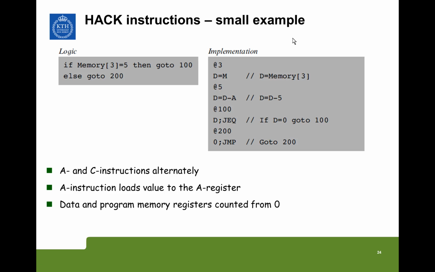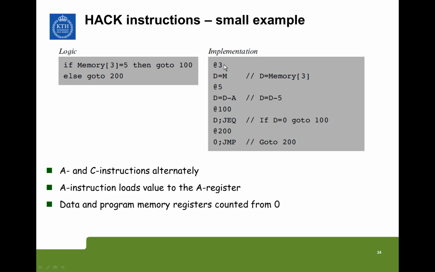Let's see finally a small example of A and C instructions. Let's look at a simple example given in pseudocode. If the value at memory location 3 is equal to 5, then continue the program from address 100, otherwise continue the program from address 200.